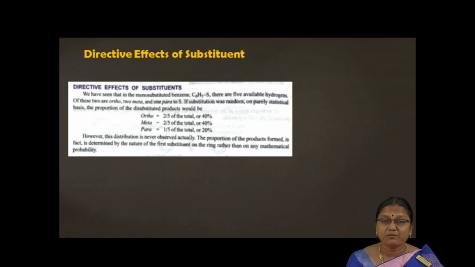On a statistical basis this may be expected, but this does not actually happen. The percentage of the product formed depends upon the nature of the first substituent on the ring rather than any mathematical statistic.